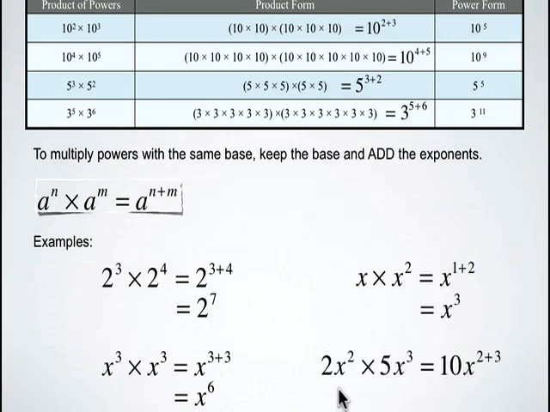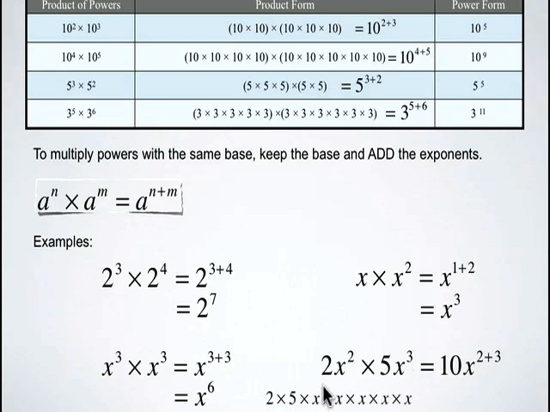And lastly, I can also have numbers along with the powers. So in this case, I have 2x squared times 5x cubed. Now the 2 and the 5 are not part of the power with the exponent. This exponent 2 only goes with the x because that is what it is immediately after. So I can multiply the numbers together to get 10, and then I'm going to add the exponents.